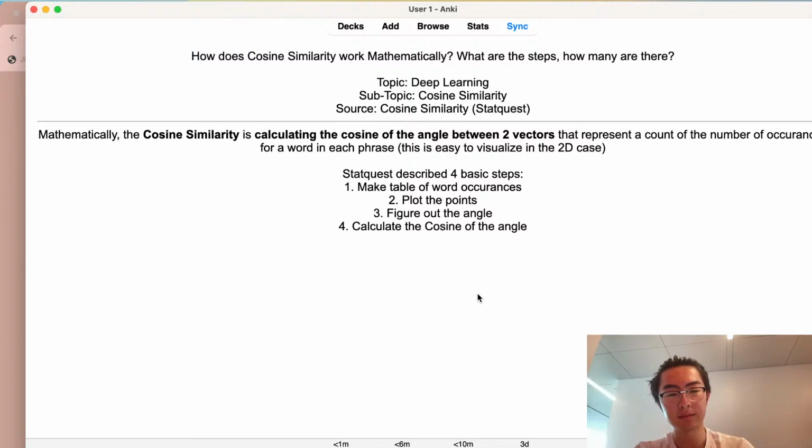Just plot that. So this is, in the 2D case, I think that means that a phrase has two words.